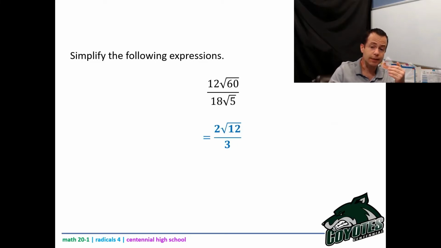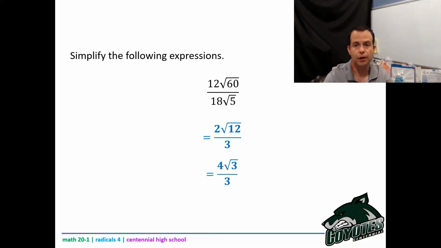Now I'll look at that and ask, is there anything I can do to make this simpler? For sure, root 12 is going to be root 4 times root 3, because 12 is 4 times 3. So the root of 4 becomes a 2, because the root of 4 is 2. On the outside, I've got 2 times 2, root 3. So that's going to give me 4 root 3 all over 3.